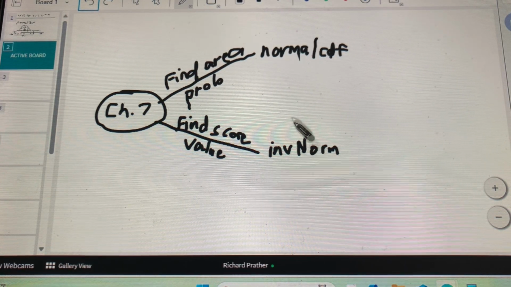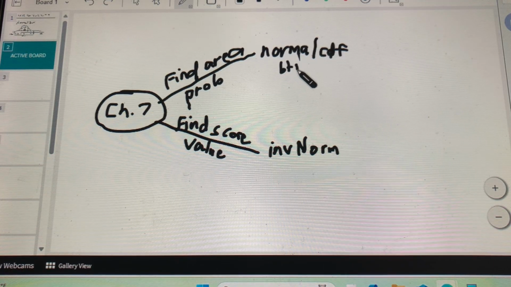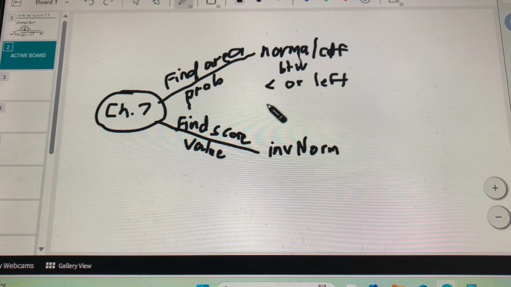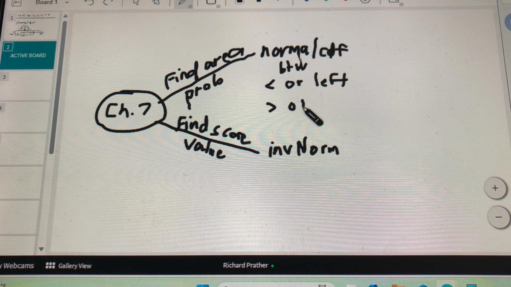The best case of a normal CDF is when you go between 2 values. Or you can go less than or to the left. Those are sort of synonymous. Greater than or to the right.